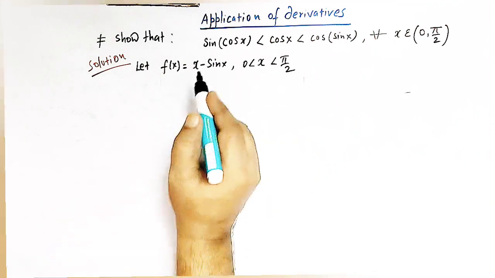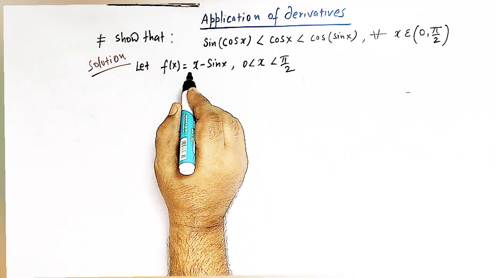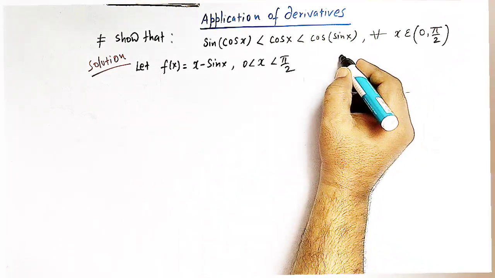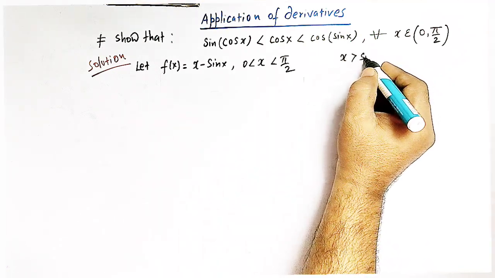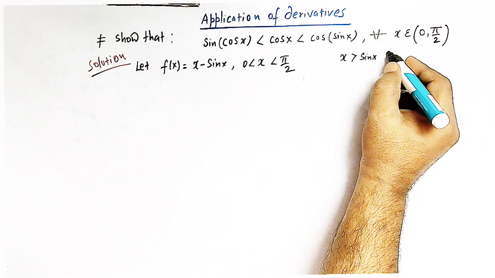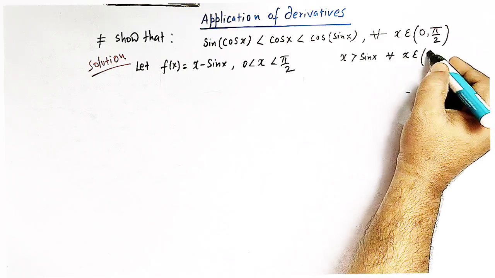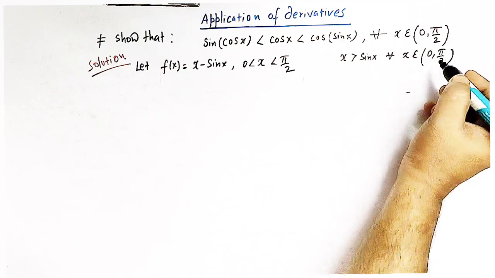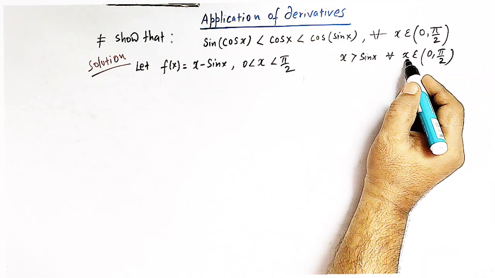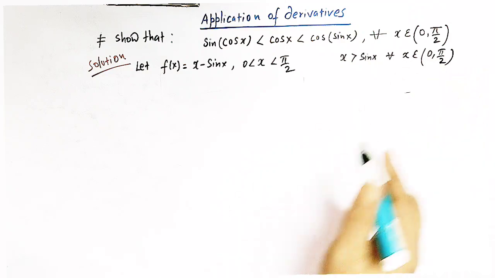First we'll derive the inequality, that is x is greater than sine x for all values of x belonging to this interval, 0 to pi by 2. And remember, x is a real number.